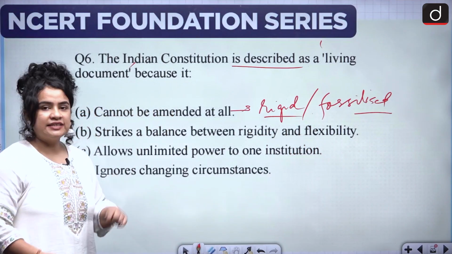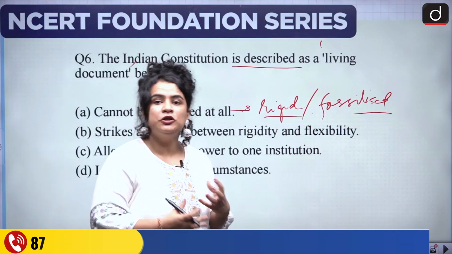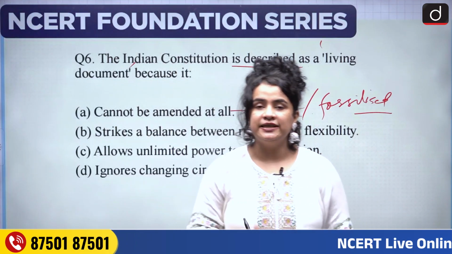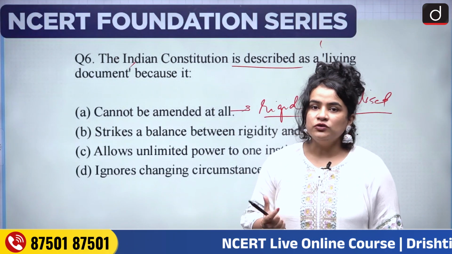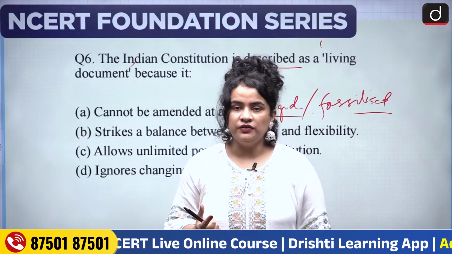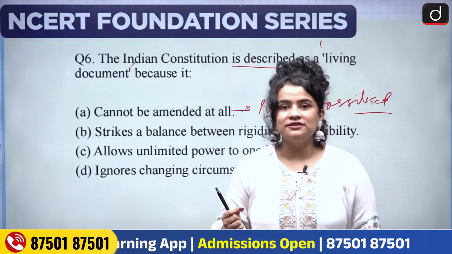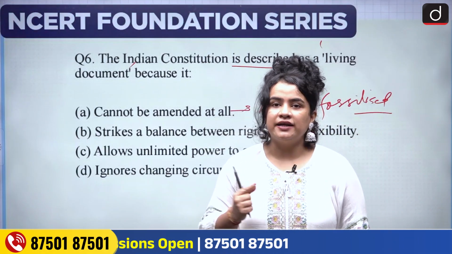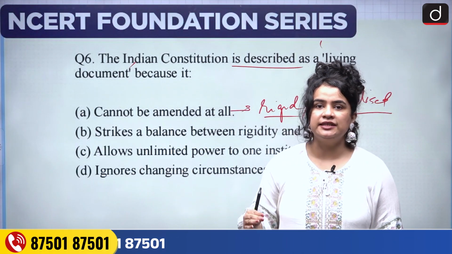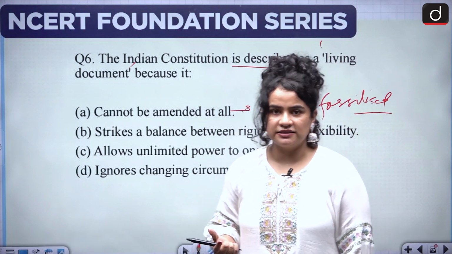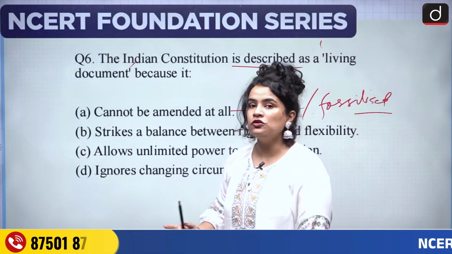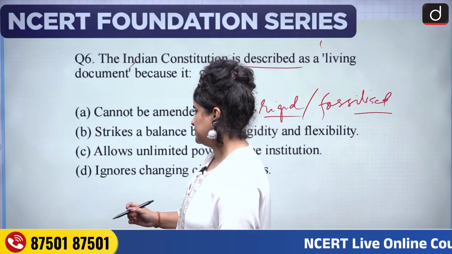Whereas our Constitution strikes a beautiful balance between rigidity and flexibility. We know that we cannot alter the basic structure of the Constitution, but at the same time, there are certain amendments that can be made relatively easily or by including the state legislatures. So it is a thorough blend of rigidity and flexibility.